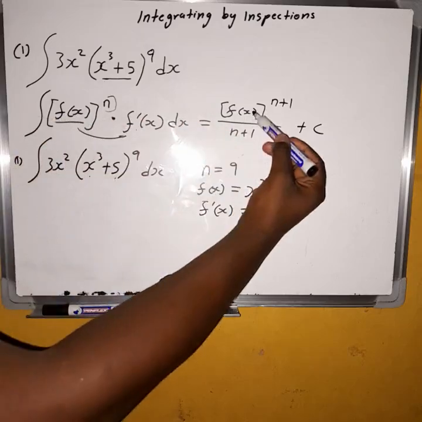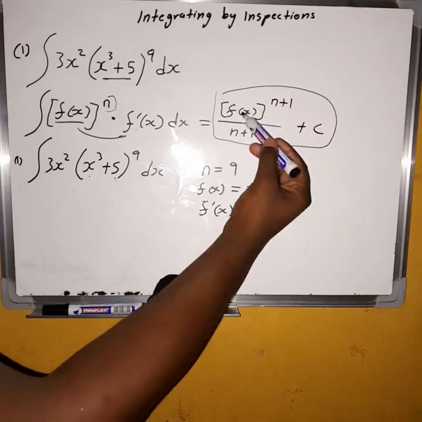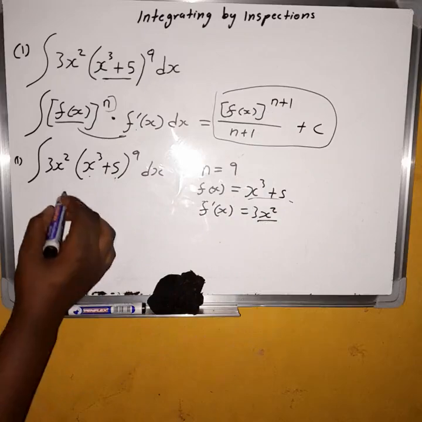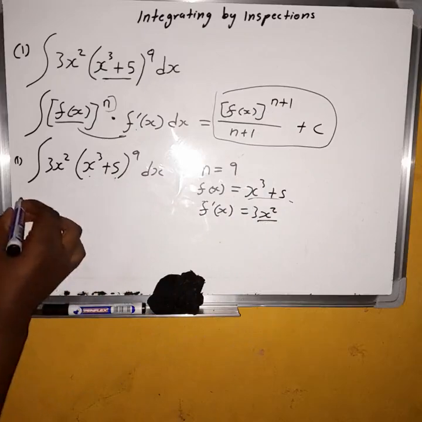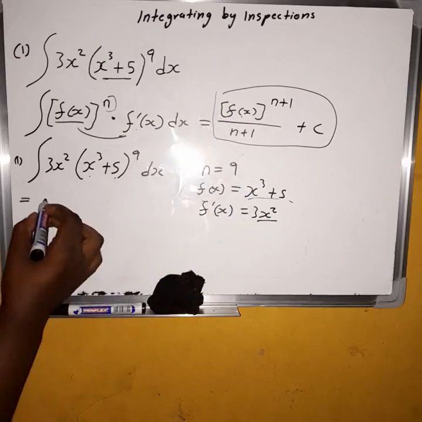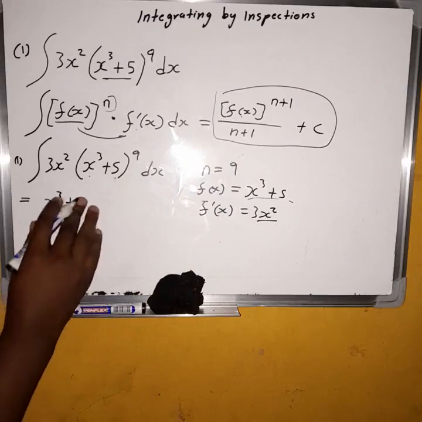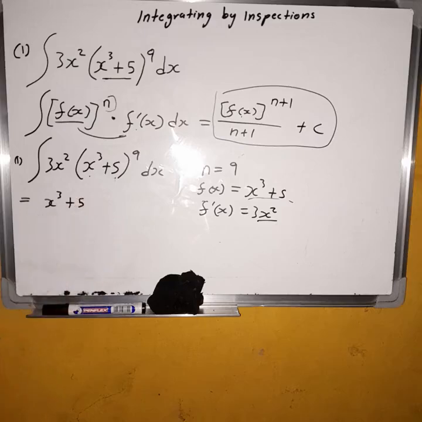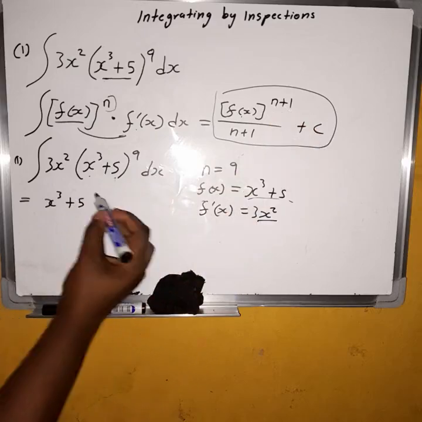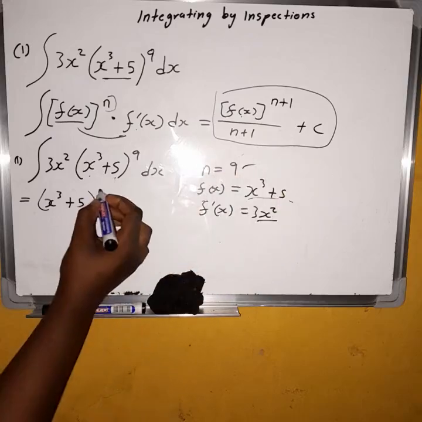Inspection formula says you'll write the integral will be f of x, which here is x cubed plus 5, raised to the exponent n. What is our n? It is 9.